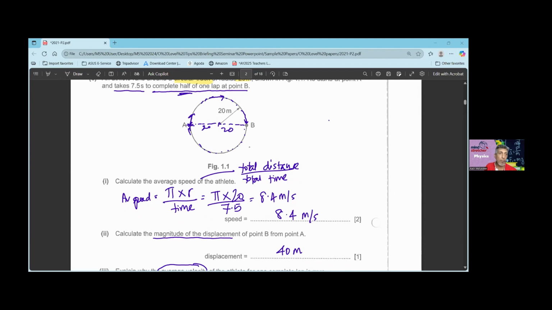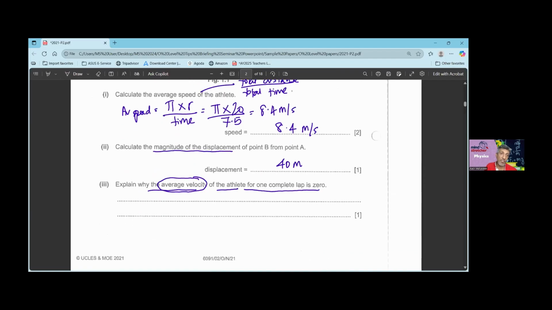Okay, so basically the point here is velocity is a vector quantity, right? And how do you calculate average velocity? The main point to highlight is that the net displacement is the net.